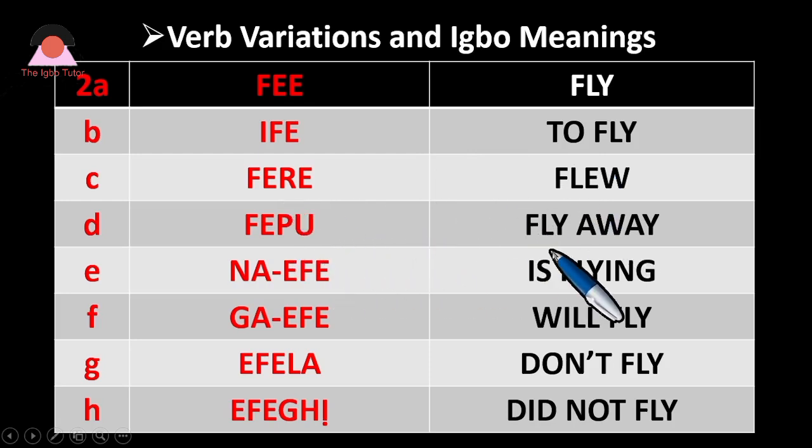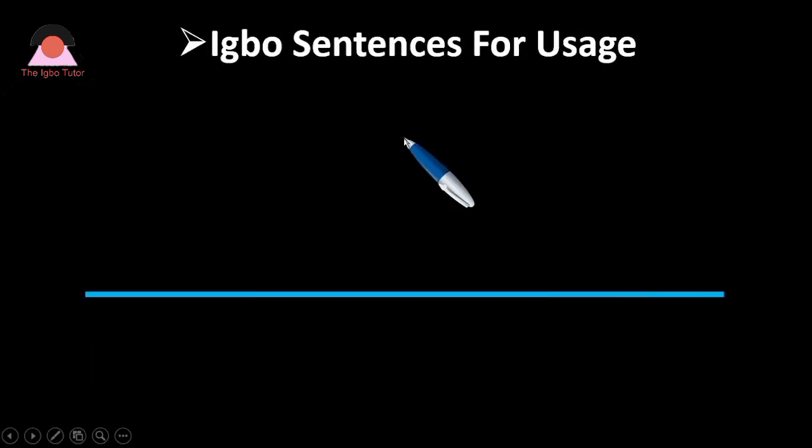Fepu, fly away. Na efe, is flying. Ga efe, will fly. Efela or efena, if you prefer to change this L to N, don't fly. Efe, a report, did not fly. Let's use them in sentences and see how they go.